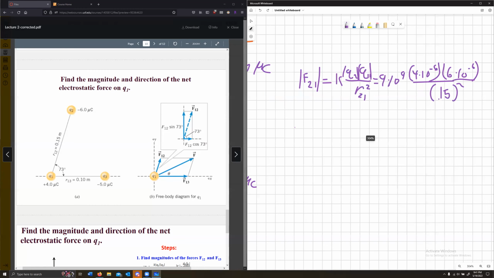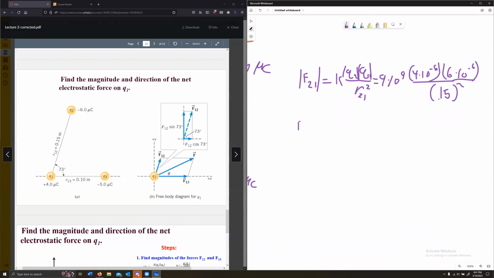The way we write it down is force 2-to-1 X is equal to the magnitude of the force 2-to-1 times cosine theta.